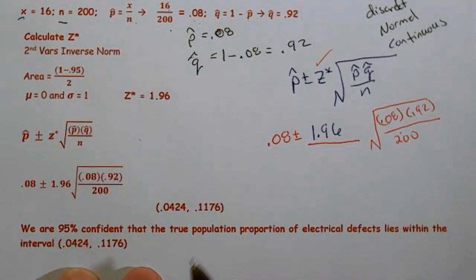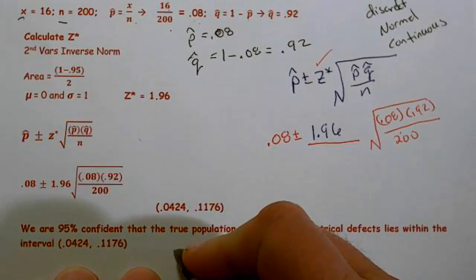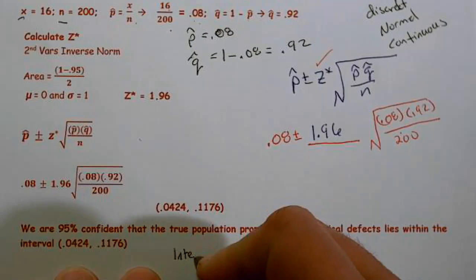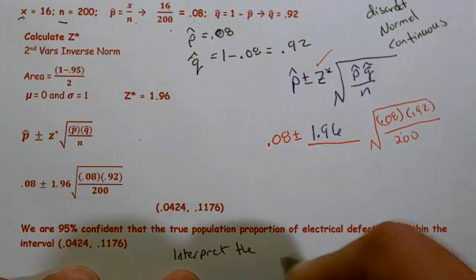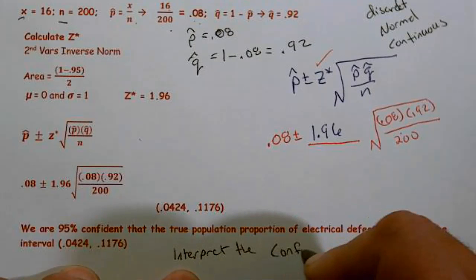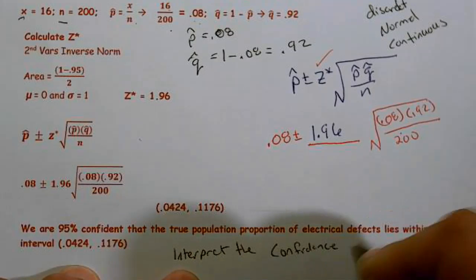And the reason I didn't do that is it wasn't required. Okay, if they'd asked for me to interpret the confidence level, the key phrase being confidence level, then I must do that.